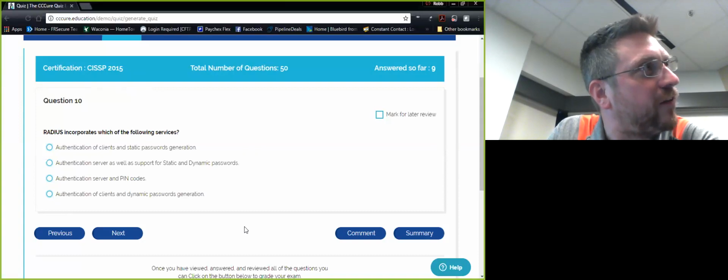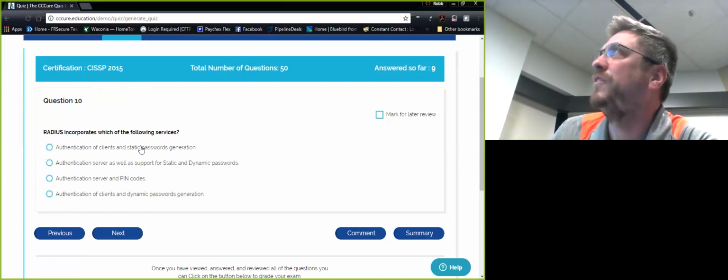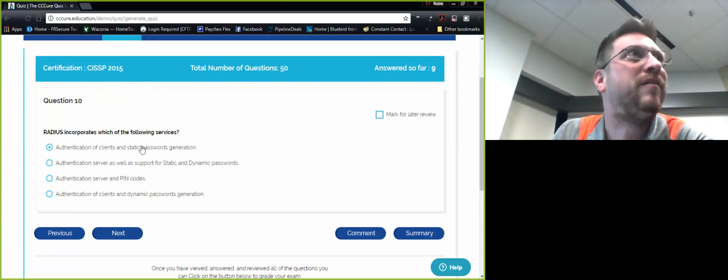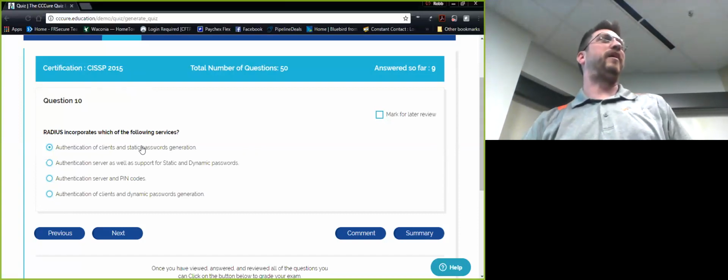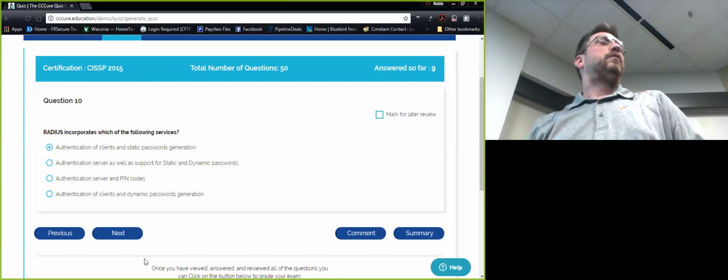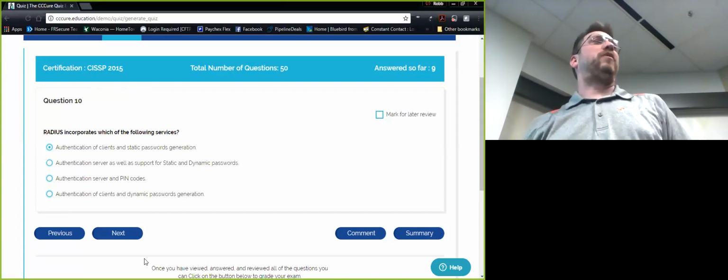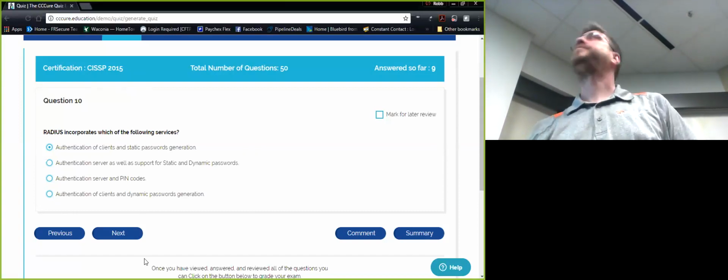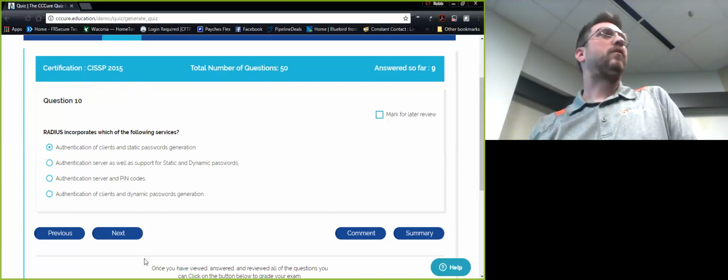And then it was replaced by Diameter, right? So I think it's the static, and then the next generation did the dynamic passwords. For RADIUS, it was RADIUS, Diameter, TACACS, that's what I was thinking. TACACS plus replaced TACACS.